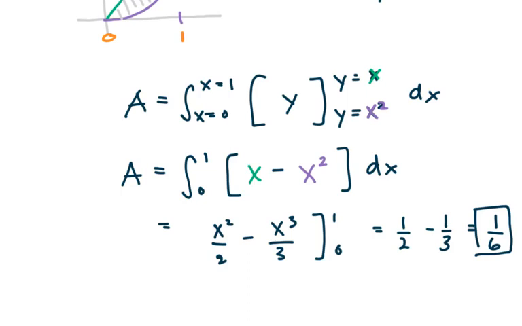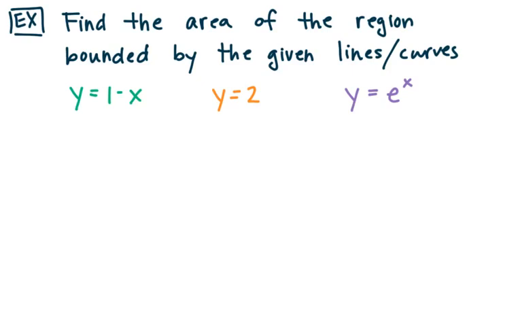Let's do one more area example. So for this example, we're going to find the area of some region R bounded by these 3 lines and a curve. So obviously, first step, we want to visualize our region. So the first thing we have here, we've got this line y equals 2.